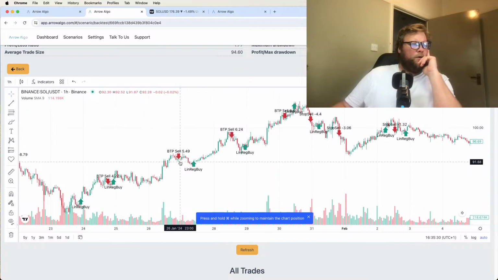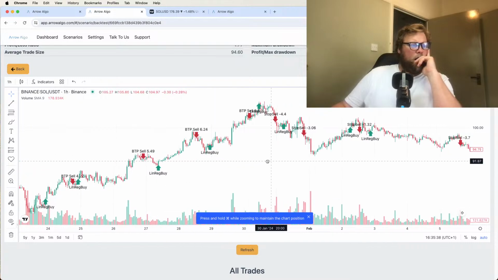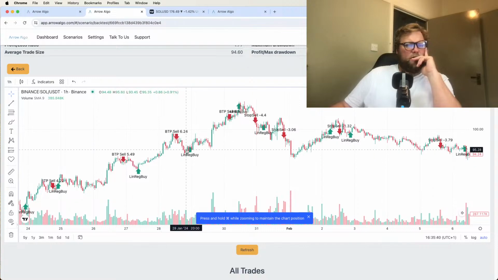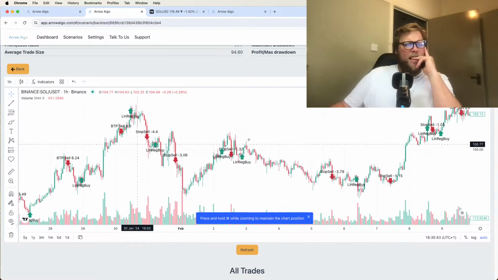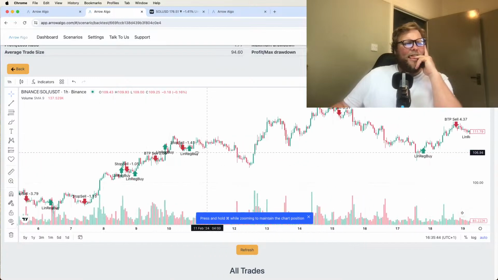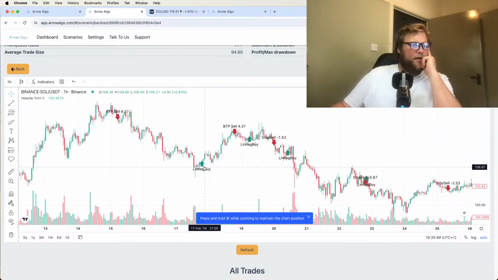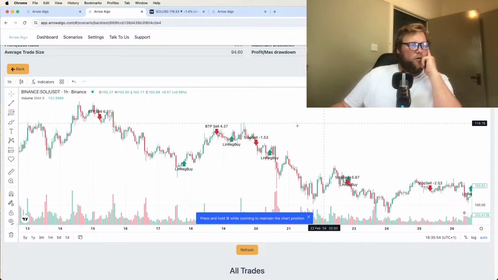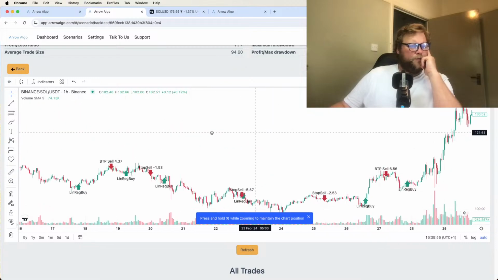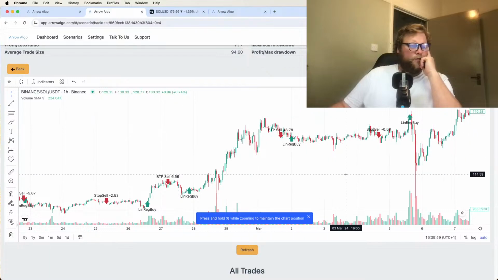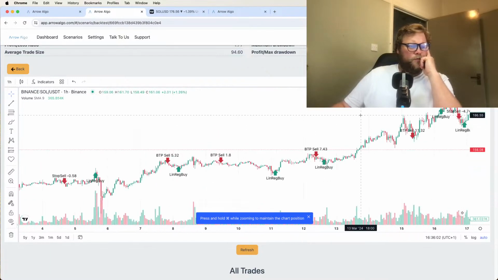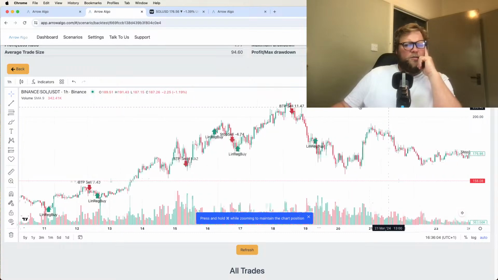But look at that, the way that we'd sell just there before the downswing and we buy back in on the way back up again. So a couple of nice little maneuvers here. And again there, caught the bottom of the swing on the way back up and then sold at the top when it was coming back down. So there's some really nice signals in here.